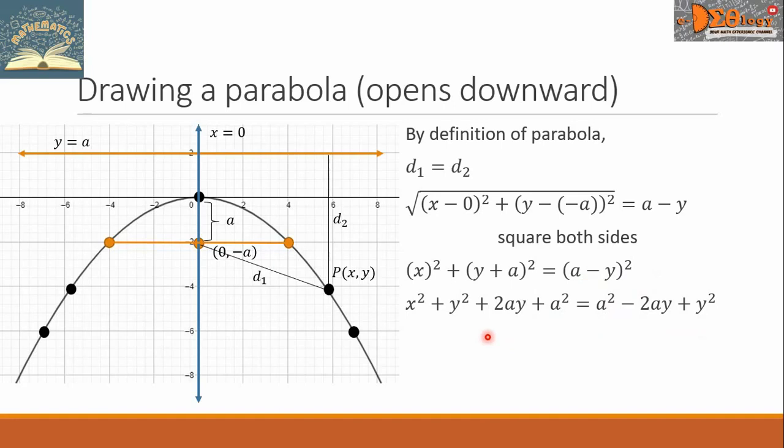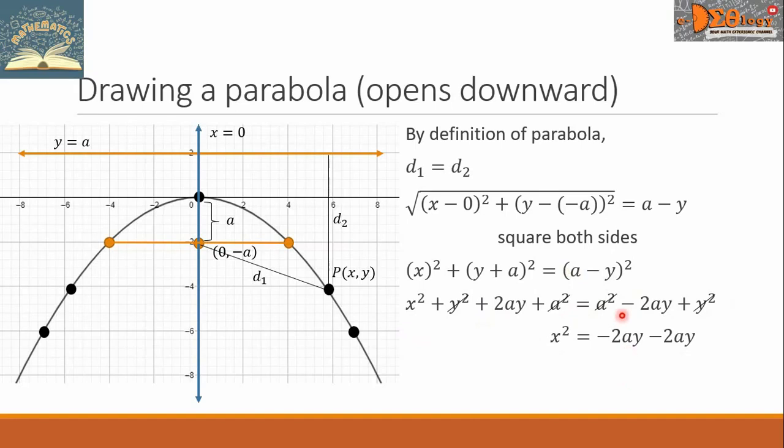We can see here that there is y squared on the left side and y squared on the right. So we can cancel these terms. Also, there is a squared on the left and another a squared on the right that we can cancel. So what remains now on the left side is x squared, and this positive 2ay we will transpose on the right. So from positive, it becomes negative.